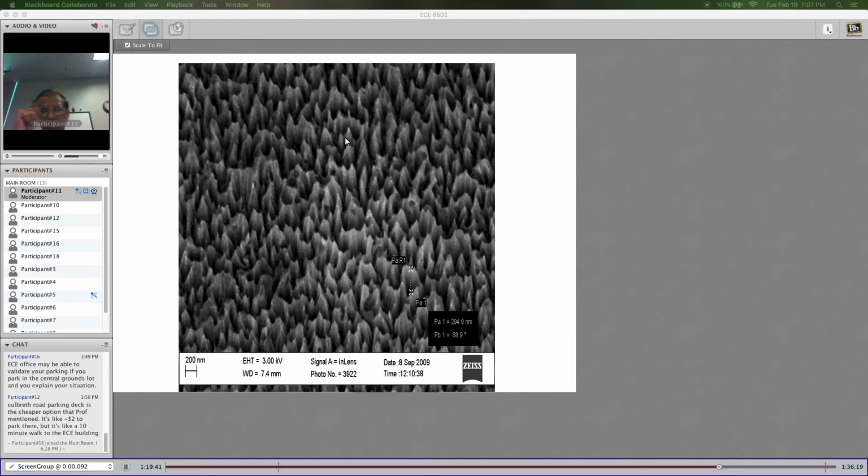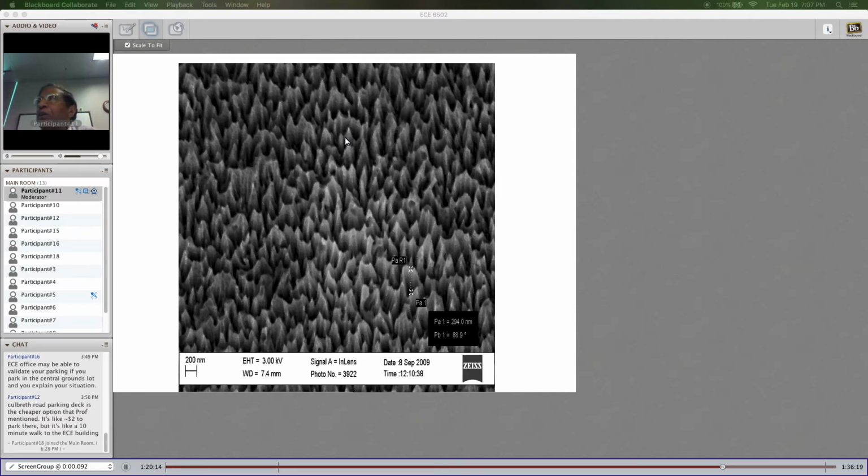Why is that? Because in this case, the periodicity of the texture is much less than the wavelength of the light. So you cannot apply that ray optics picture, the ray going there and reflecting again. That's not applicable when you are in a sub-wavelength regime.